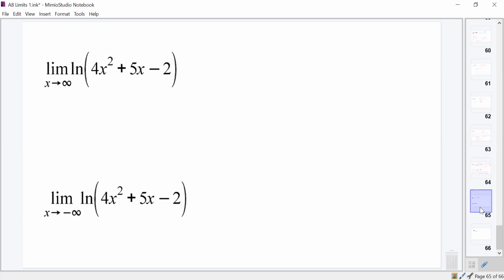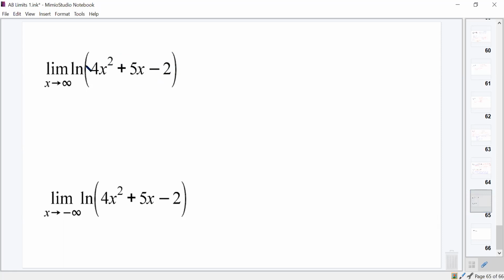Just do 4x squared because it's easily the biggest degree. It easily has the most impact out of all of them, basically. Right. So, well, for positive infinity at least. Yeah.